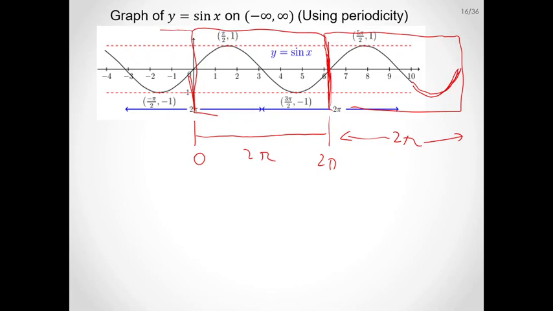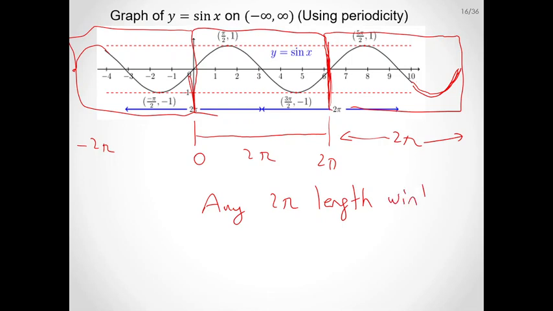You can take this one and repeat it from 0 to minus 2 pi, and you will get this. So any 2 pi length window is okay to copy or to extend the graph.